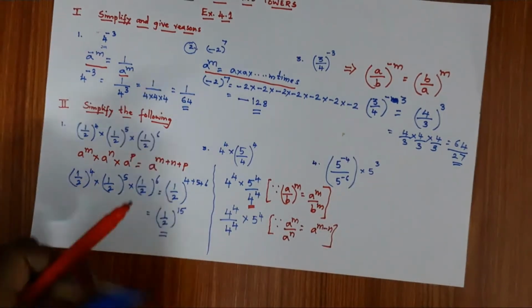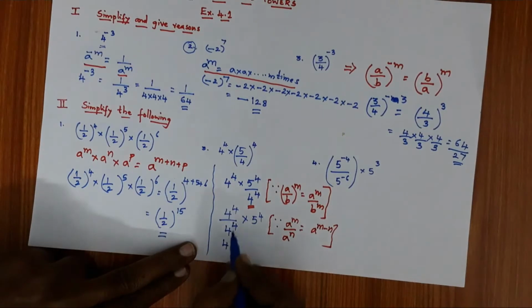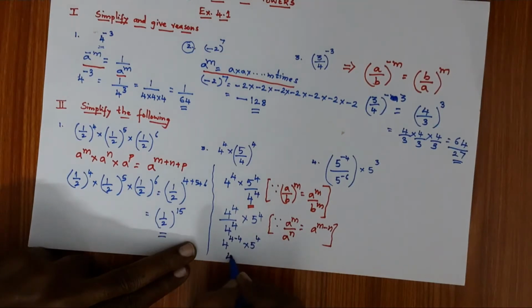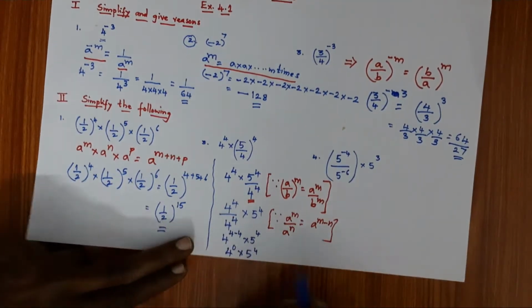That means if the bases are equal in the division format, you have to subtract the powers. 4 to the power of 4 minus 4 into 5 to the power of 4. 4 minus 4 is 0, into 5 to the power of 4.